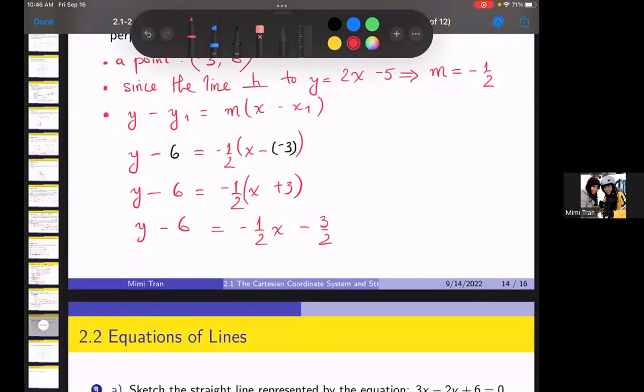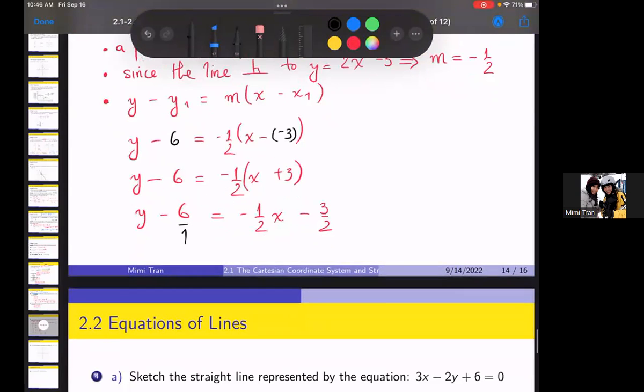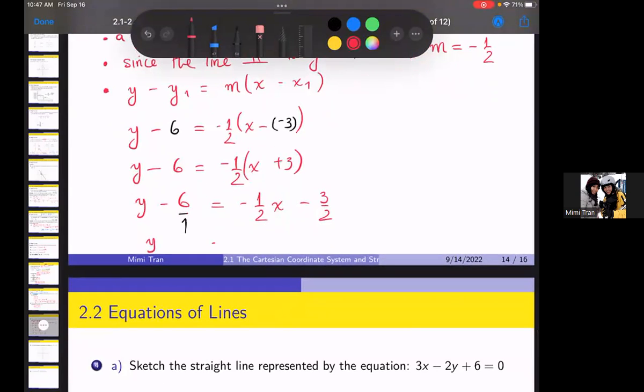Add 6 to both sides. Here is the same thing as 6 over 1, right? So y equals what? You add 6 to both sides. You can do this in a calculator if you don't want to show me this. So I have negative 3/2 plus 6 over 1. So what? Times 2 over 2, right? Negative 3 plus 12 is positive 9. So 9/2. So y equals negative 1/2 x plus 9/2.